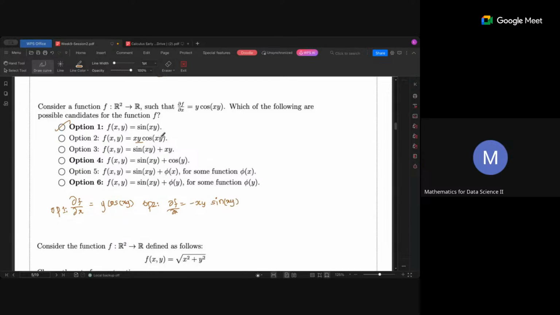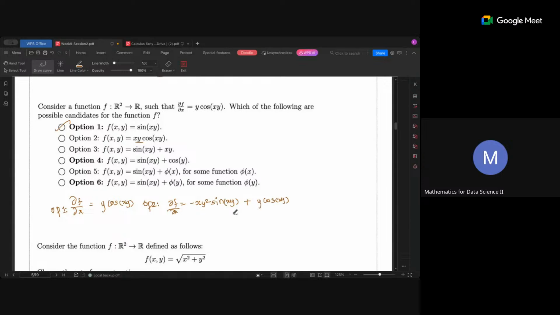And then again this xy, when you apply chain rule, you will get a y. So minus xy square, plus the remainder is cos xy, multiplied with y.